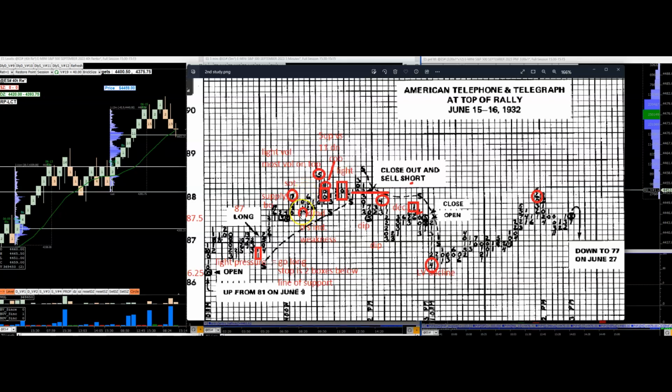So this is demand. Why? Because it moves up. If you have supply, it should move down, as it does here. If there's demand, it should move up. So demand comes in and buys this little pullback that the minor climax here caused, or the distribution here or the supply here caused.